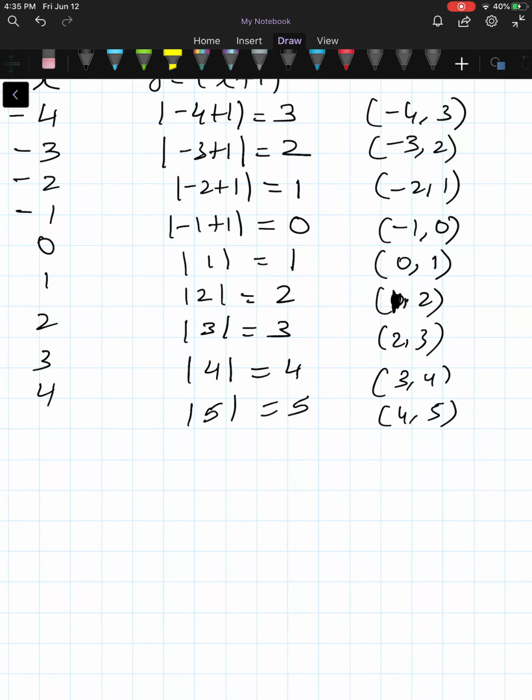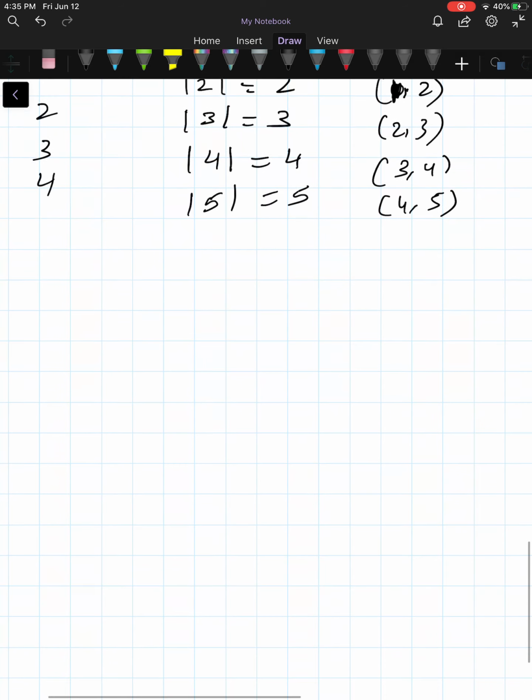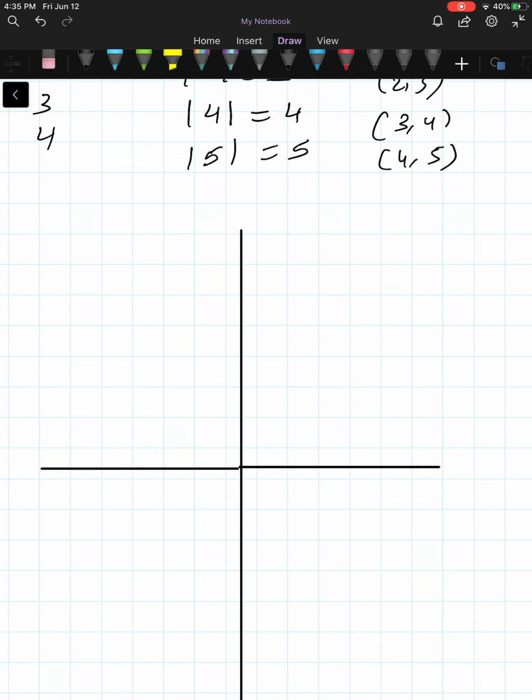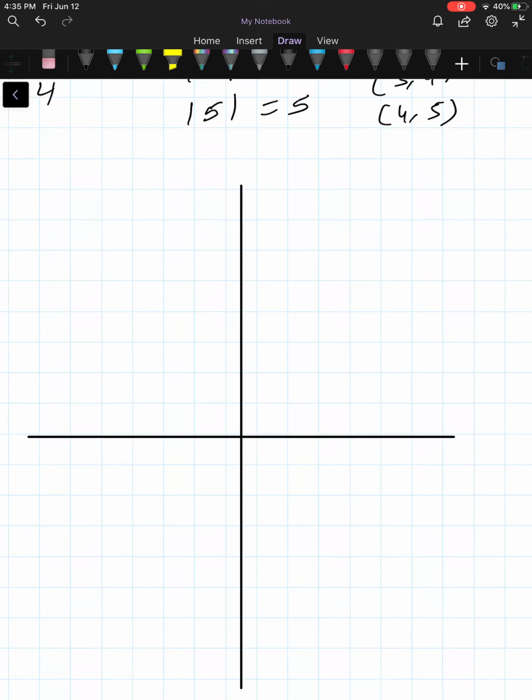So now we will sketch the graph for the given equation. So this is our x-axis and y-axis and our origin.